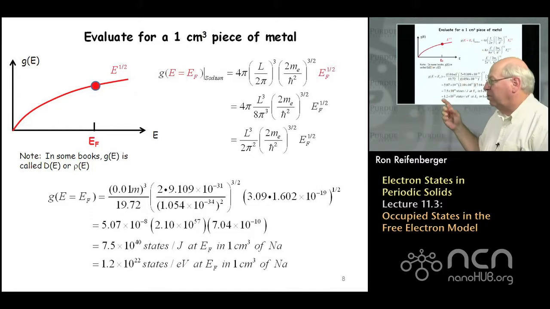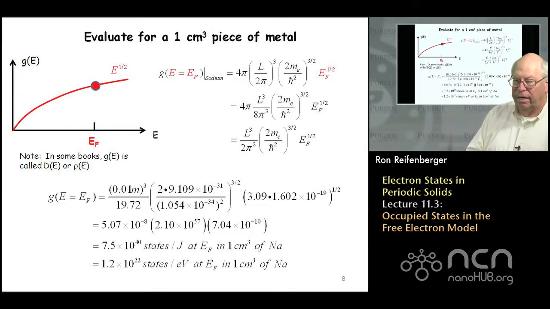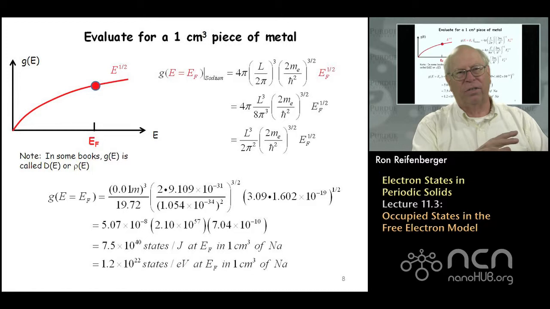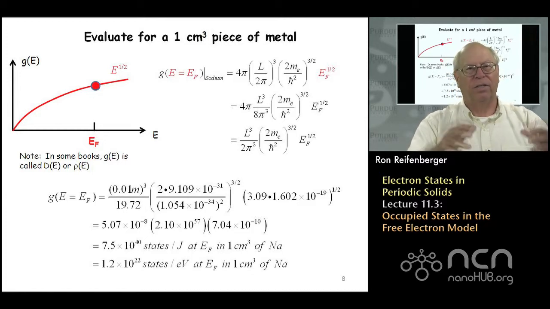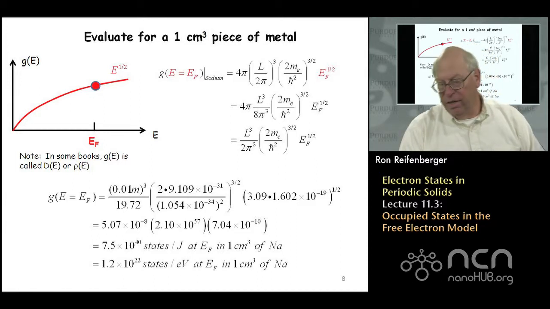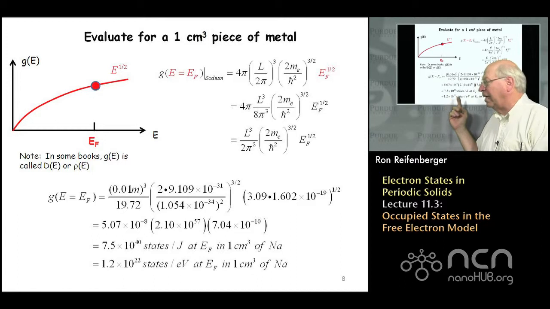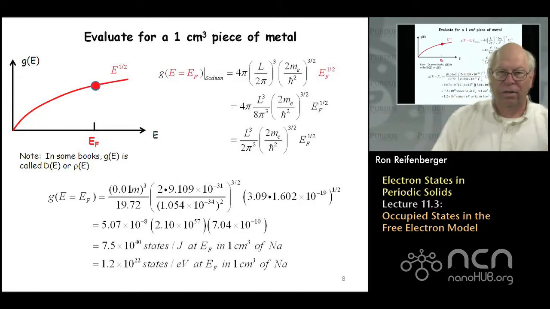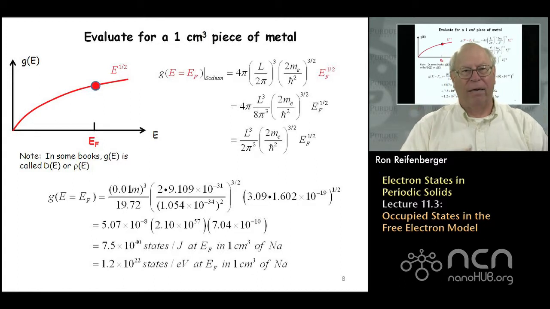So this huge number of states tells you something about the nature of electron states in solids compared to, let's say, electron states in an individual atom, where the density of states is considerably less than this. And this huge number of available states is just a reflection of the fact that there's a very large number of sodium atoms that make up a 1 cubic centimeter piece of sodium.